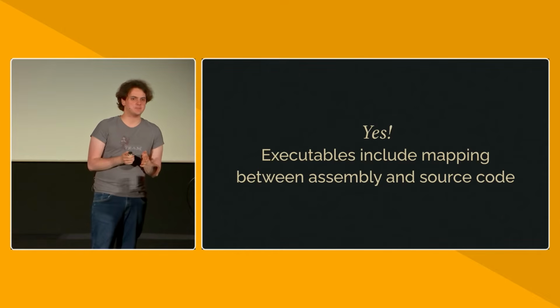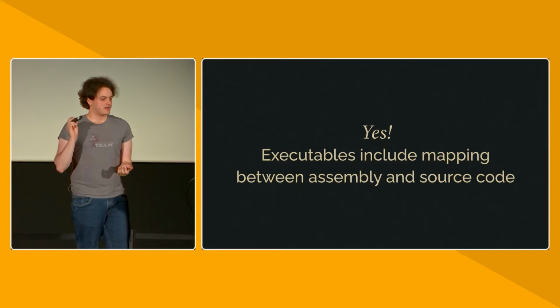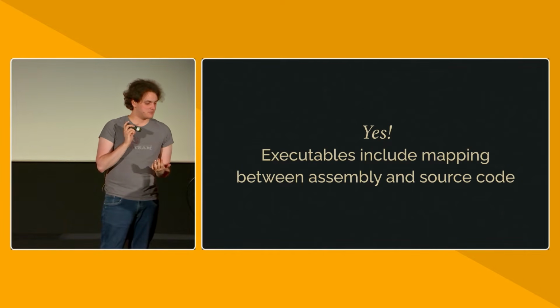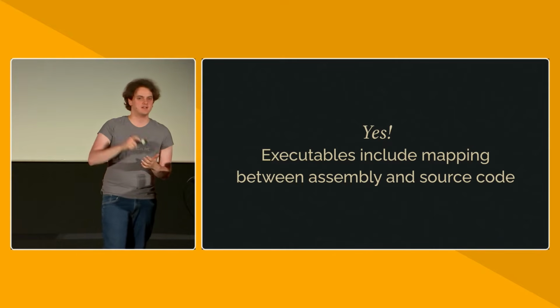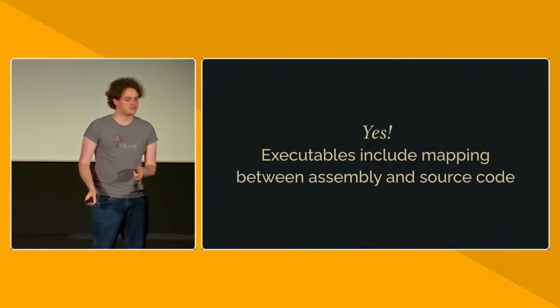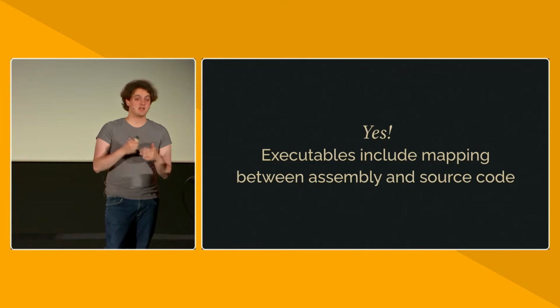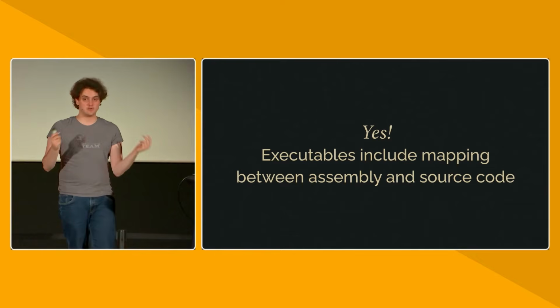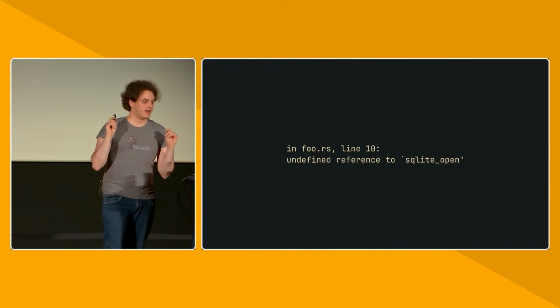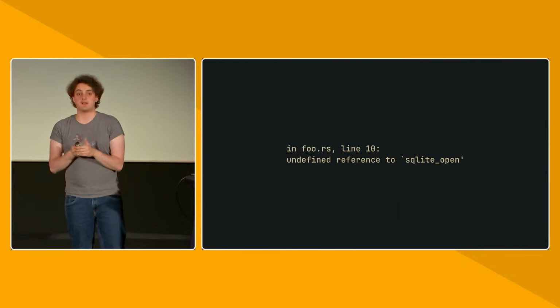And the answer is yes, because that huge string of text is there because binaries, like your executables, contain information to turn that string of text into a file and a line. This is the same thing that happens to display backtraces. So the linker knows it. The linker can use that information and provide this, which is slightly better than what we started with.